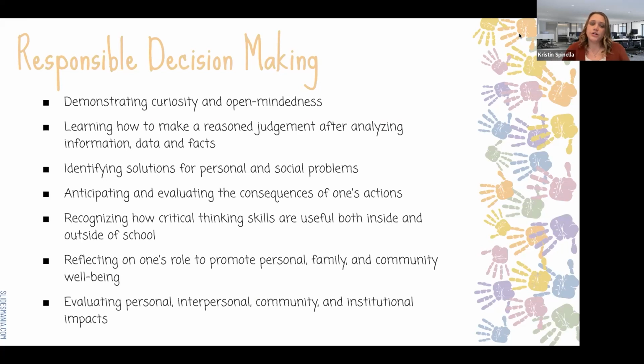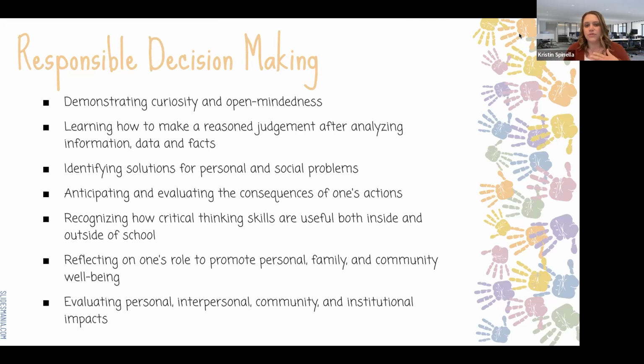We also want to encourage them to learn how to make reasoned judgments after analyzing information, data, and facts. I'm sure you're all familiar with, "Well, I read it on the internet, it must be true." And it's not always true. So we need to make sure that our students are aware of that, and we're teaching them how to make decisions based on the information that they're gathering and what they already know. In addition, we want them to be able to identify solutions for personal and social problems.